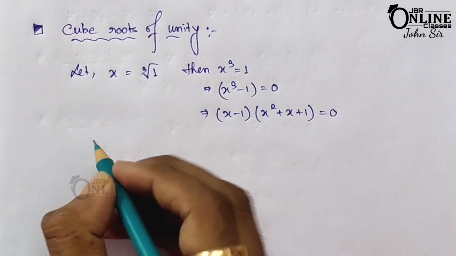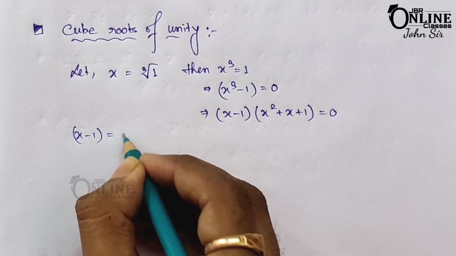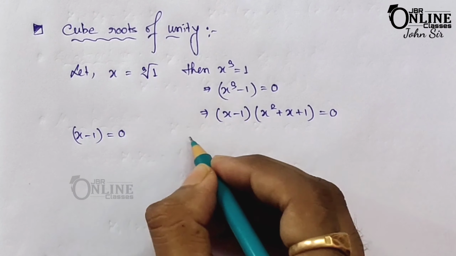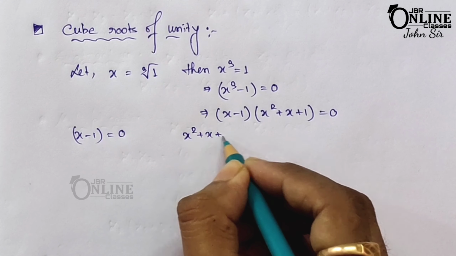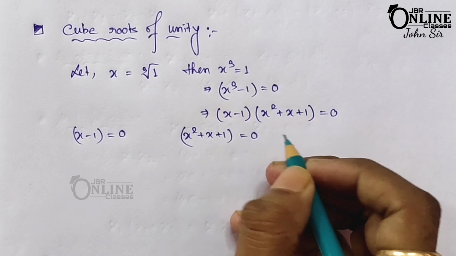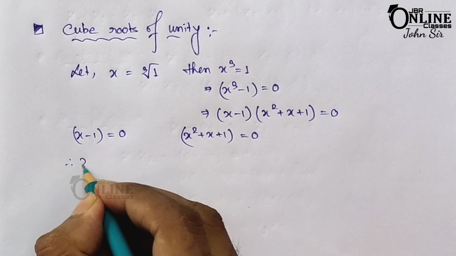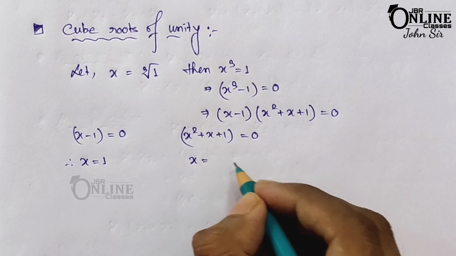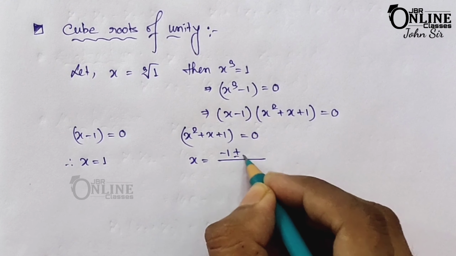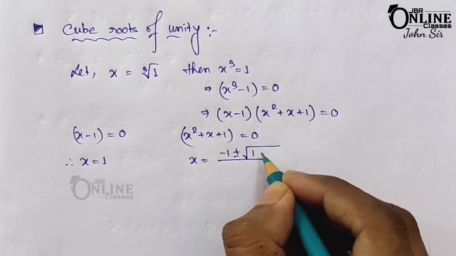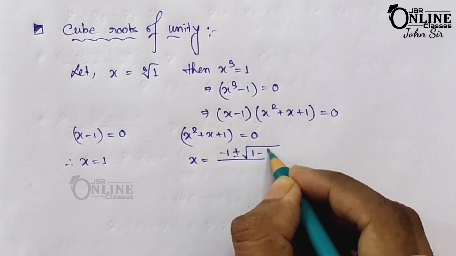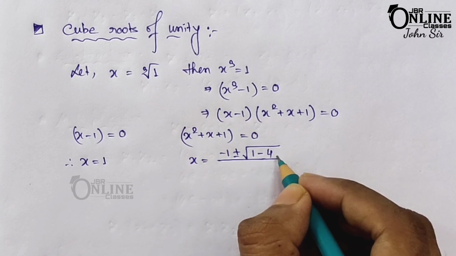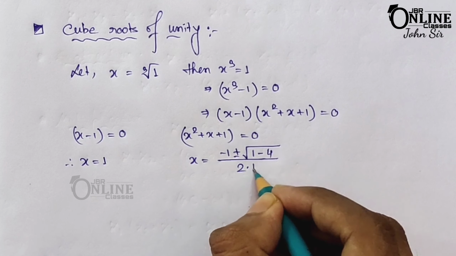So either x minus 1 equals 0, or x square plus x plus 1 equals 0. From the first one, x equals 1, and for the second one, by Sridhar Acharya formula, x equals minus 1 plus or minus root of (1 square minus 4), divided by 2 into 1.